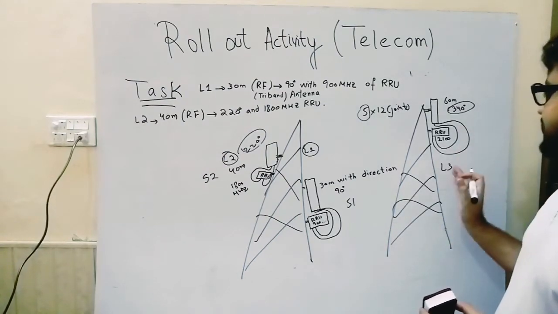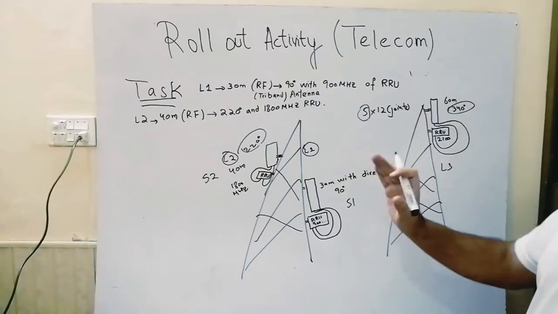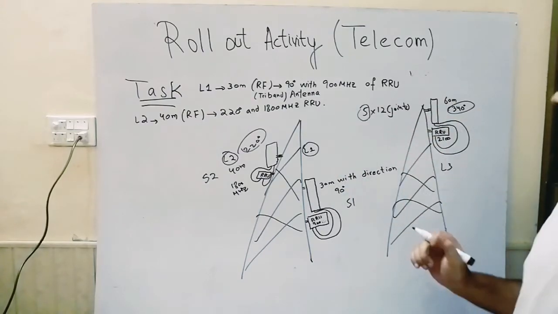So your installation for the RRU and antenna is completed. Move on to the microwave.